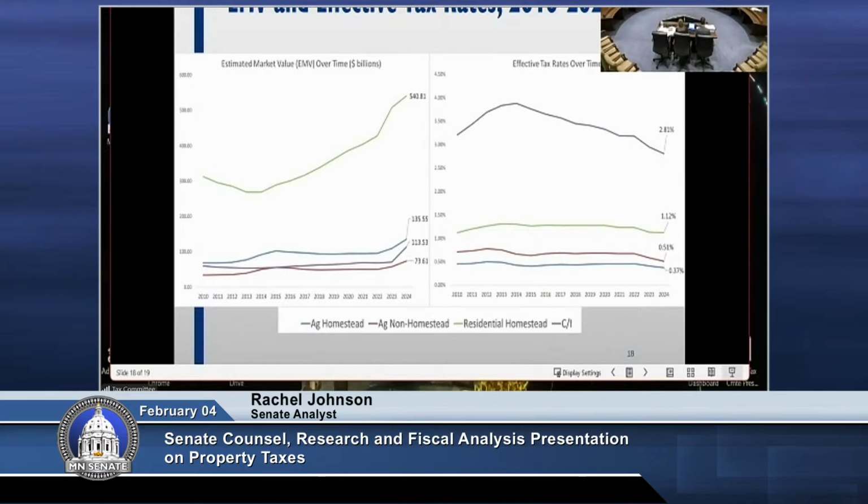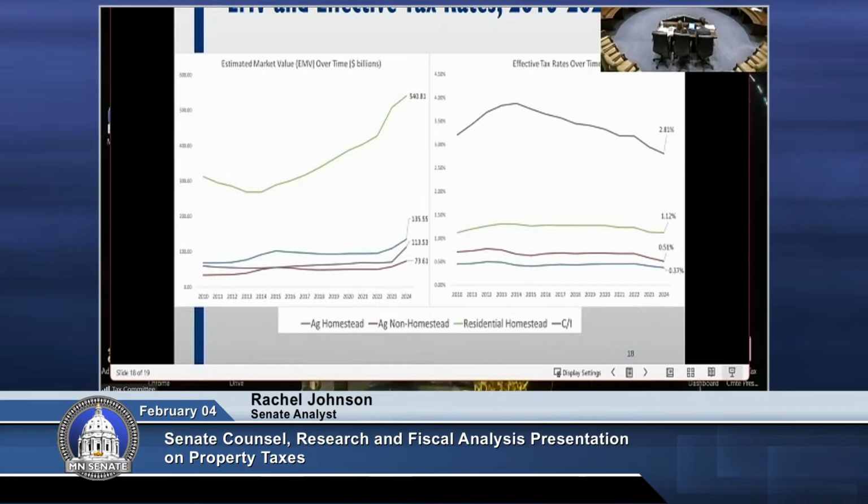So the chart on the left shows the change in estimated market values statewide from 2010 to 2024 for those categories. The chart on the right shows effective tax rates over time. The effective tax rate is calculated by taking net tax and dividing it by estimated market value. Net tax is the tax due after applying all credits, programs, exemptions, deferrals, and exclusions.